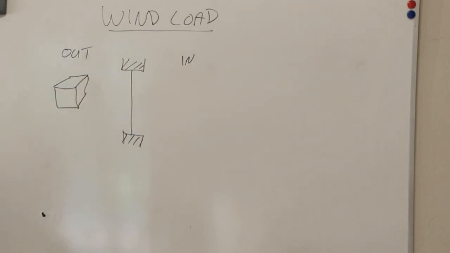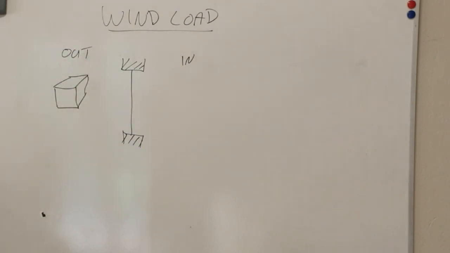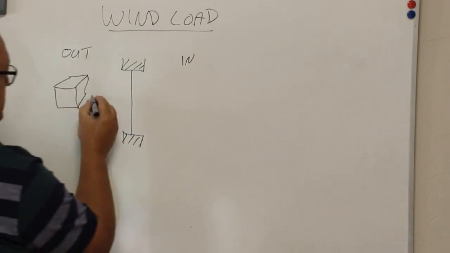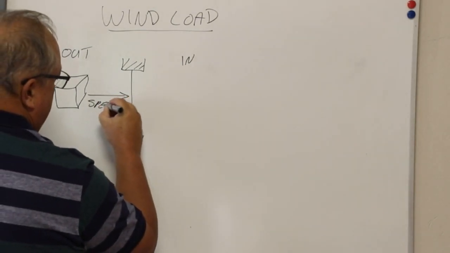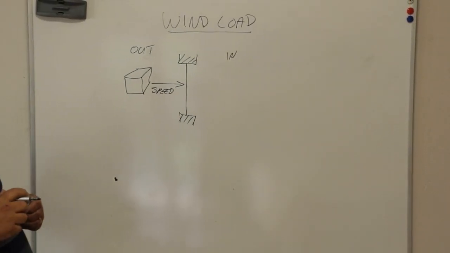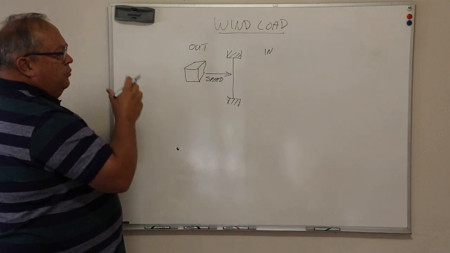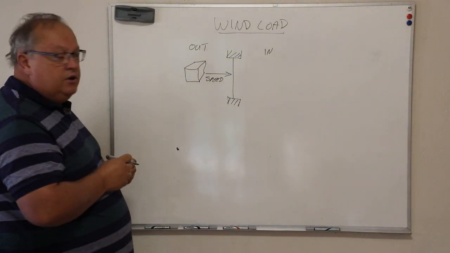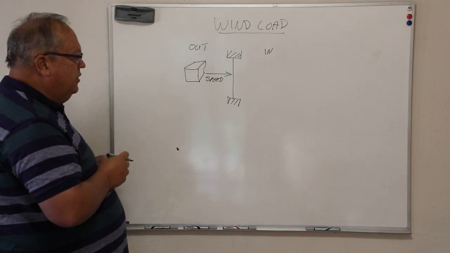Let's assume that parcel of air is 1 meter by 1 meter by 1 meter, and that it is traveling at a certain speed and impacting against our window. It is that force which is important in our calculations, and therefore we need to define the wind load.